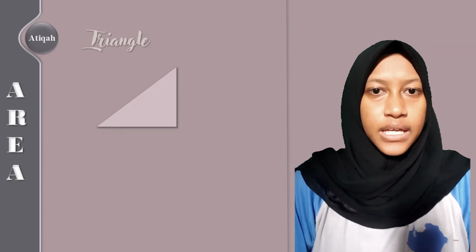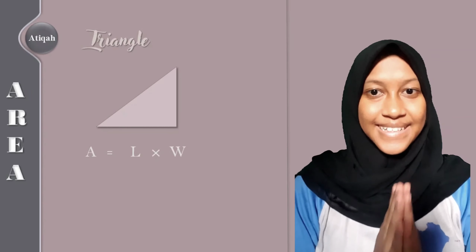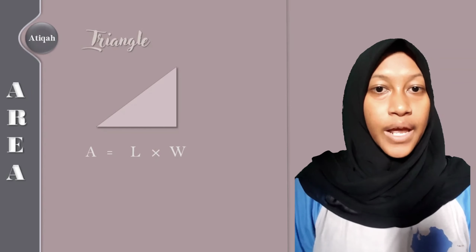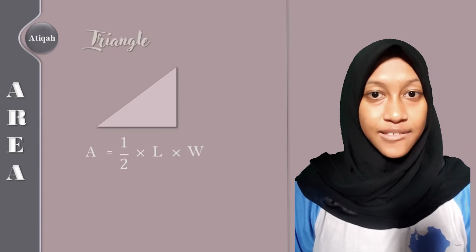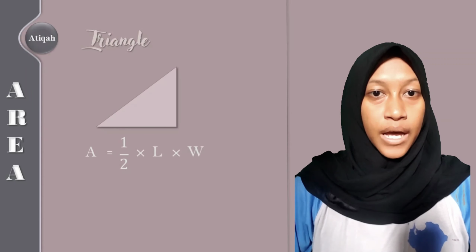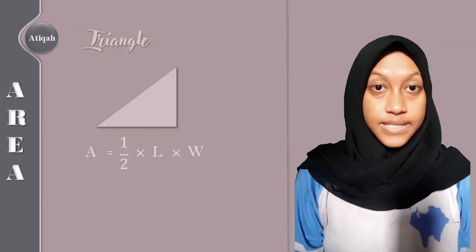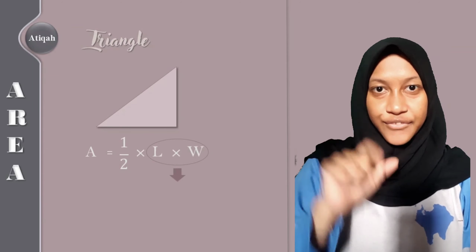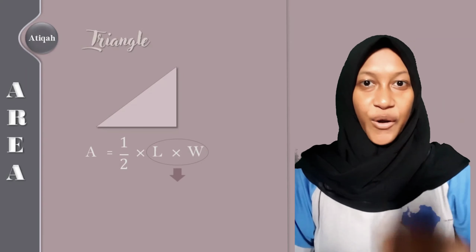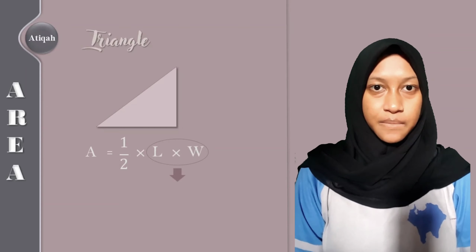So does that mean instead of area equals length times width, it would be area equals 1/2 of length times width? Yep, that's basically it, but with one important difference. Instead of L for length and W for width, we're going to use two different names.